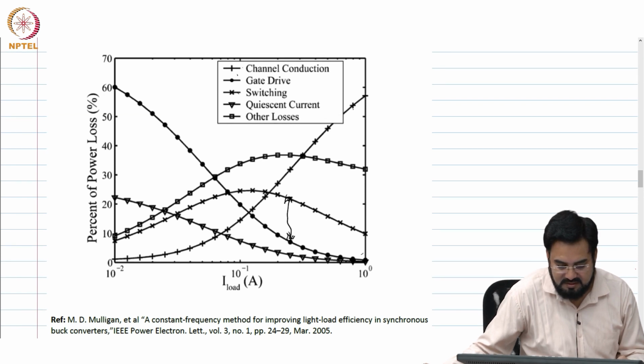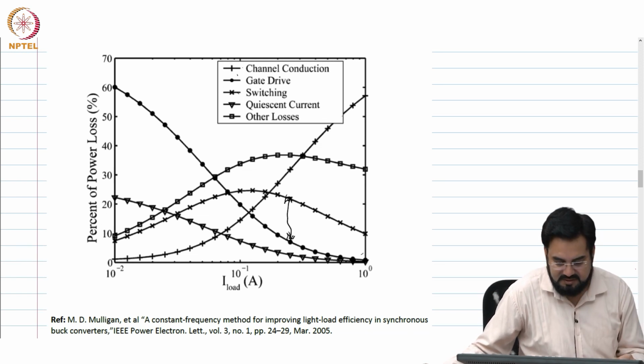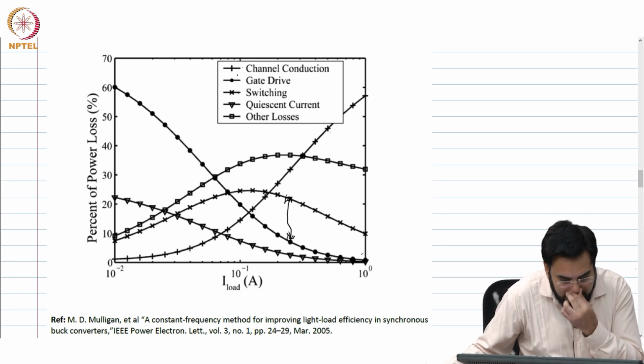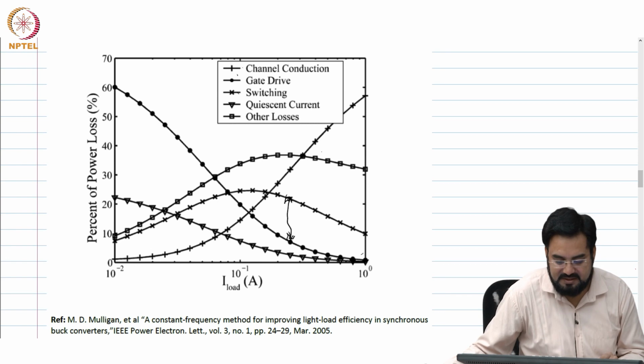This is your switching loss and this is your other losses and channel conduction loss. This is not switching loss, this is channel conduction loss. This flat is a plus actually. They have drawn a longer line, that is why. So, it is a plus and this is a cross. So, this is switching, correct.